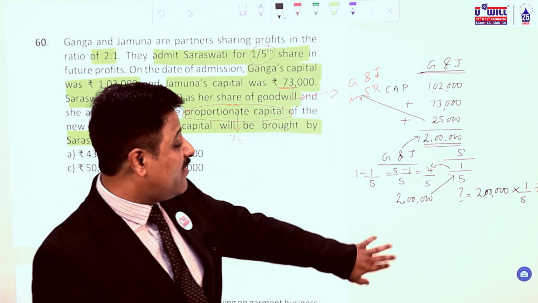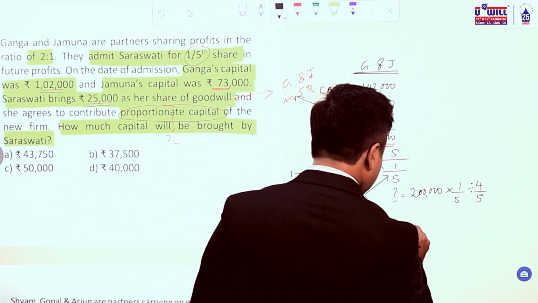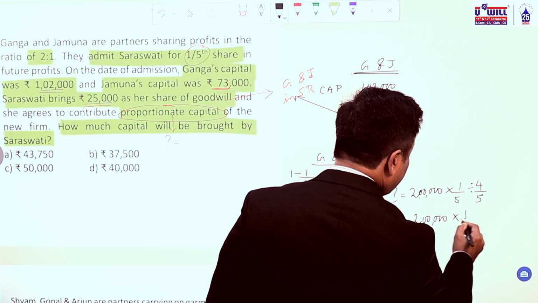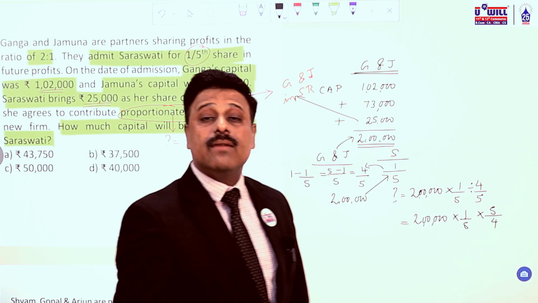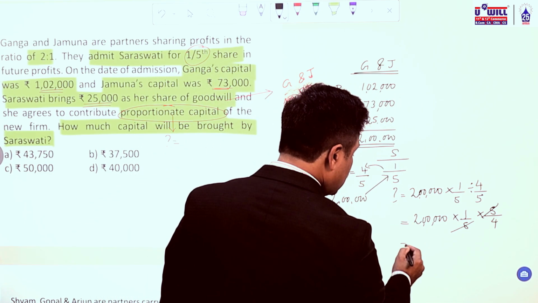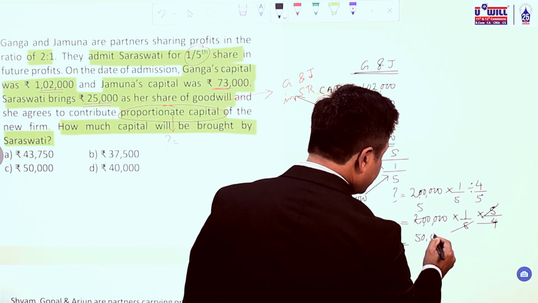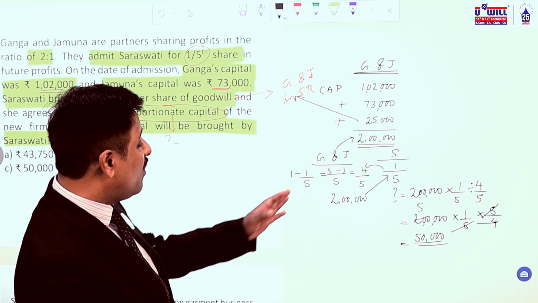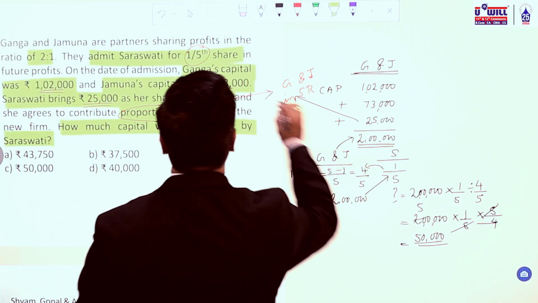Divide by 4/5 means it will get multiplied by the reciprocal, 5/4. So it will become 2 lakhs into 1/5 into 5/4. 5 cancels. 2 lakhs divided by 4 is 50,000. What will be the proportionate capital of Saraswati to be brought? 50,000.